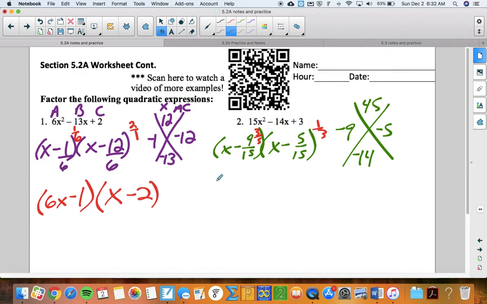So the 5 goes in front of the x, 5x minus, and then here we would have a 3, and then the 3 goes in front of the x, so 3x minus 1. I took the new simplified fraction, took the denominator, put it in front of the x, kept the numerator, and brought it down in the simplified fraction. When you check that, boom, it works out at its sweetness.